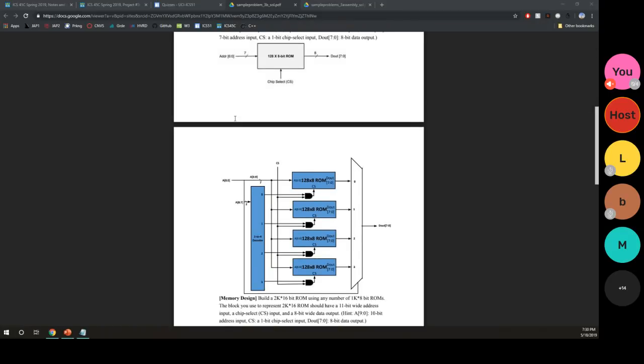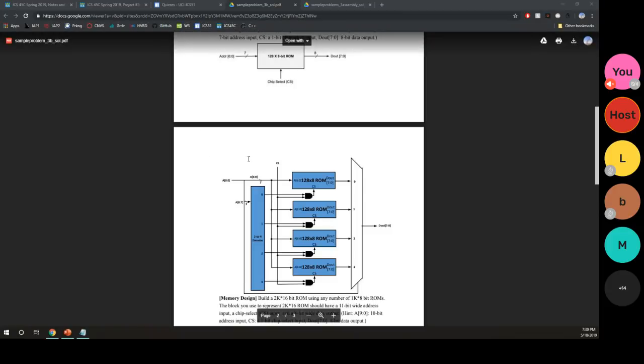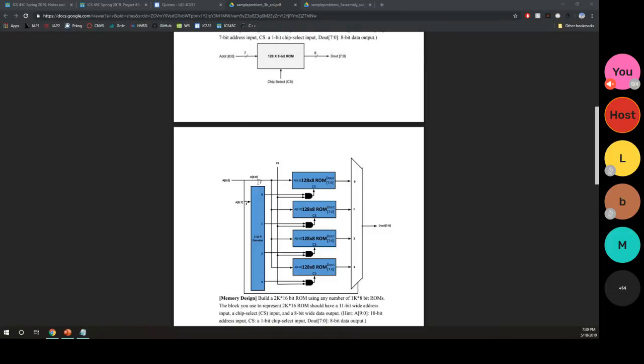Does everyone kind of understand? So that means we take those 2 most significant bits and they become our selector for which random access memory we're going to read. Does that make sense?